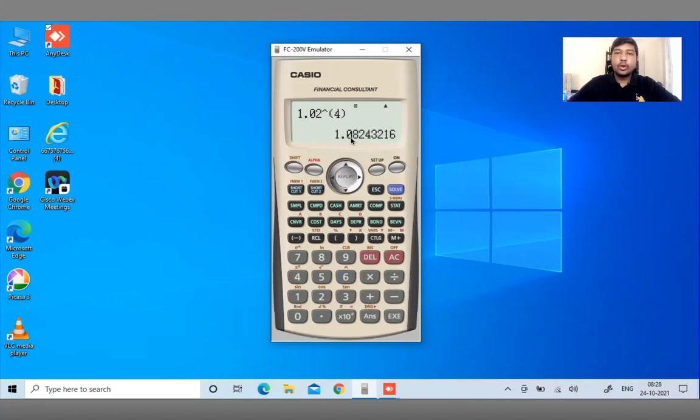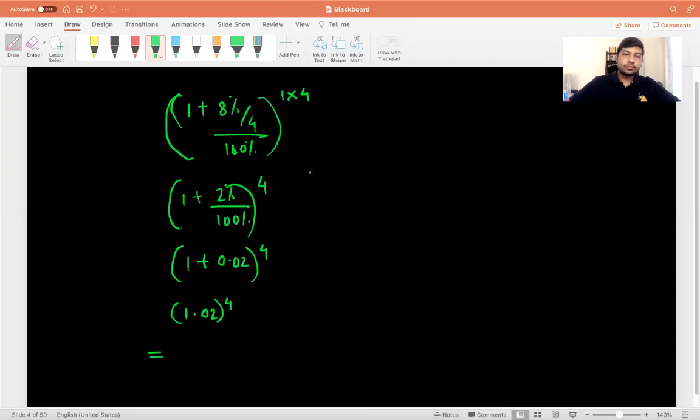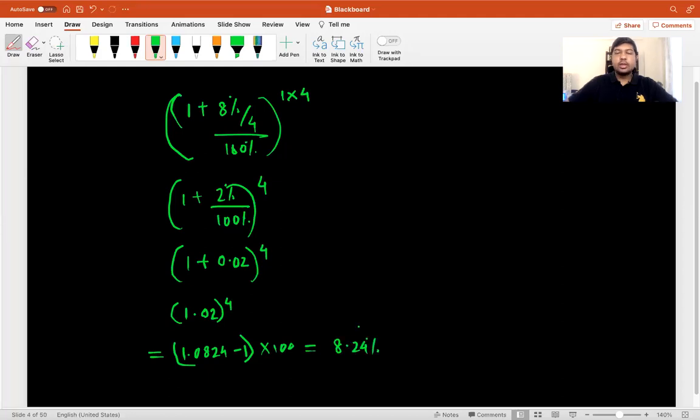So you'll get 1.0824. So simply minus 1 and then multiply this by 100. And if you solve this, what you're going to get is 8.24%. Okay, so 8.24% is the effective rate.